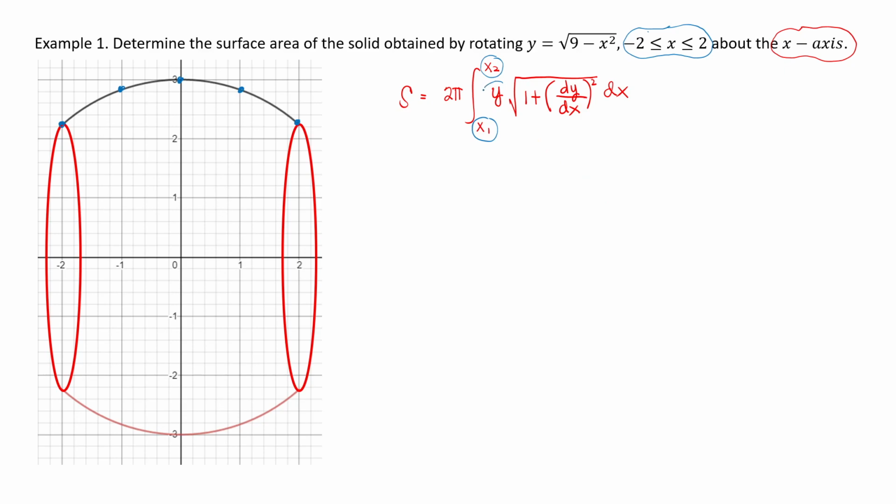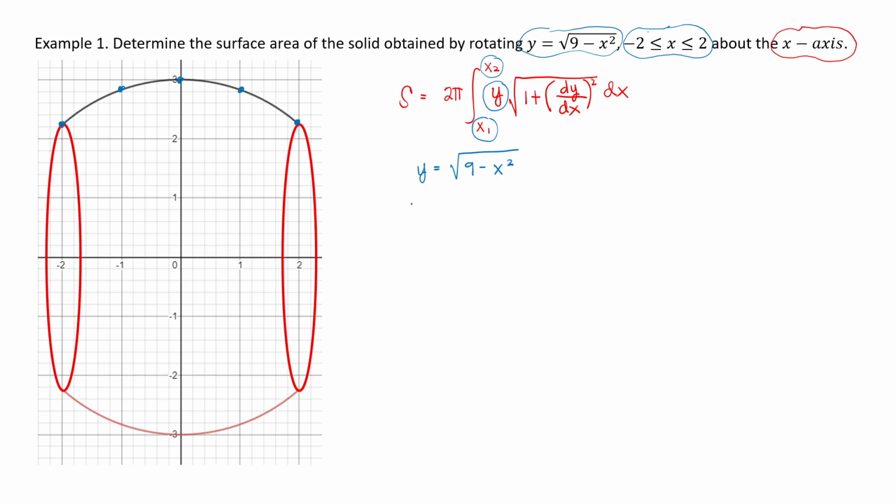Next is the y parameter. What's nice about this topic is we're only dealing with one equation, so the y portion here is the given equation: y is equal to square root of 9 minus x squared.